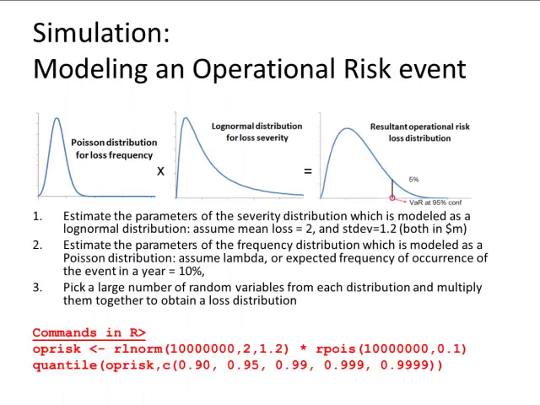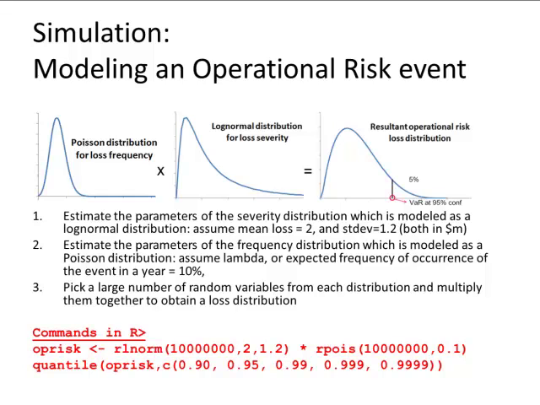At this point, we are now ready to look at actually using the simulation functionality in R to do something useful. So let us try to model an operational risk event. And what I have here on this slide is a brief description of a very generic methodology for calculating a loss distribution for an operational risk event.